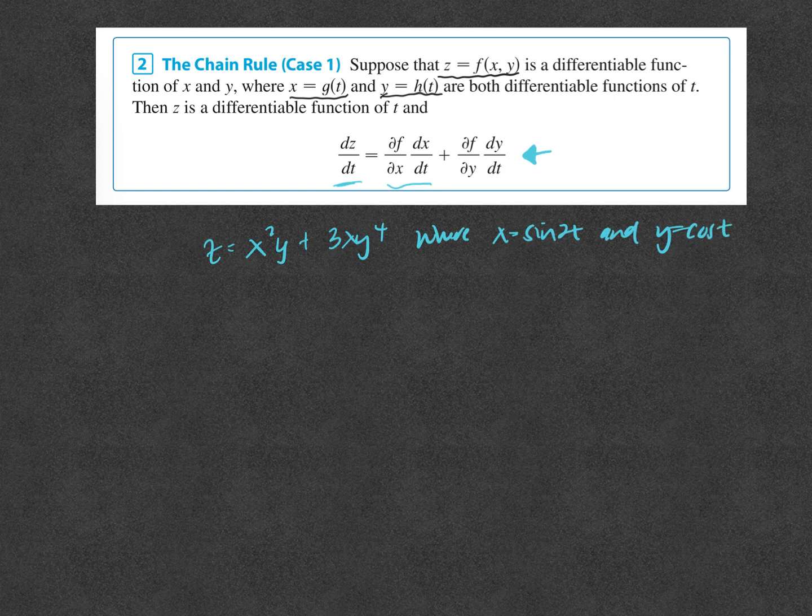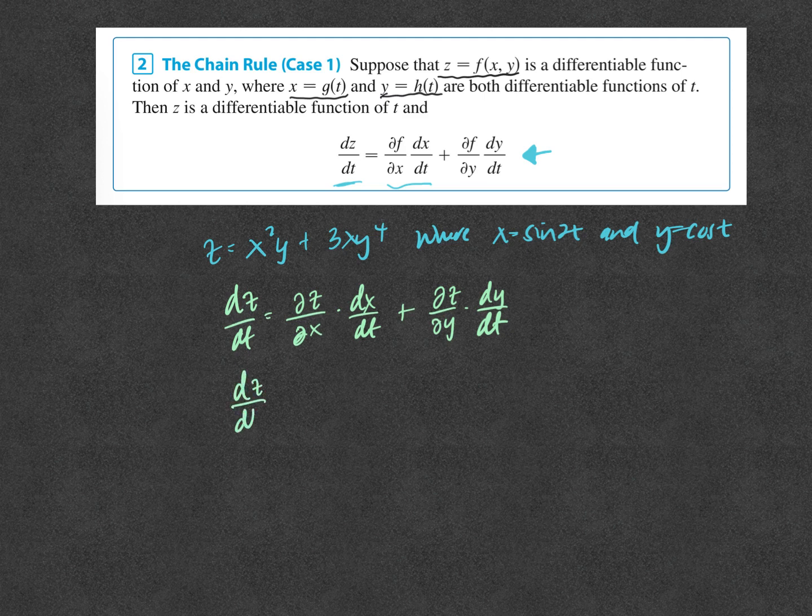So I'm going to write out the chain rule, and it says dz over dt equals the partial of z or f with respect to x times the derivative of x with respect to t plus the partial of z with respect to y times the derivative of y with respect to t.